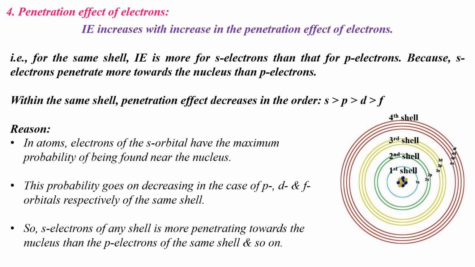So, s electrons of any shell are more penetrating towards the nucleus than the p electrons of the same shell. The p electrons are more penetrating towards the nucleus than the d electrons of the same shell. Similarly, the d electrons are more penetrating towards the nucleus than the f electrons of the same shell.